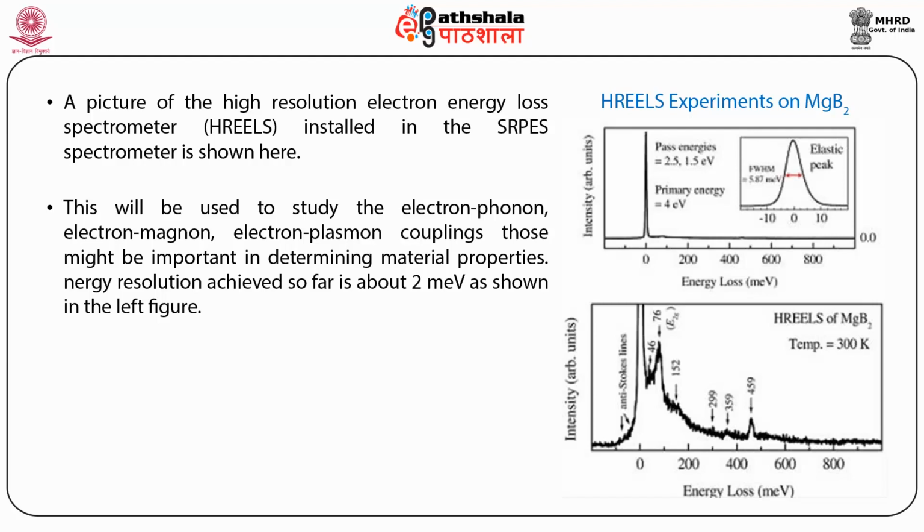Energy resolution achieved so far is about 2 milli-electron volts, as shown in the left figure. The way energy resolution has been shown, it shows that the resolution can be as good as 2 milli-electron volts. It is given in the figure here.